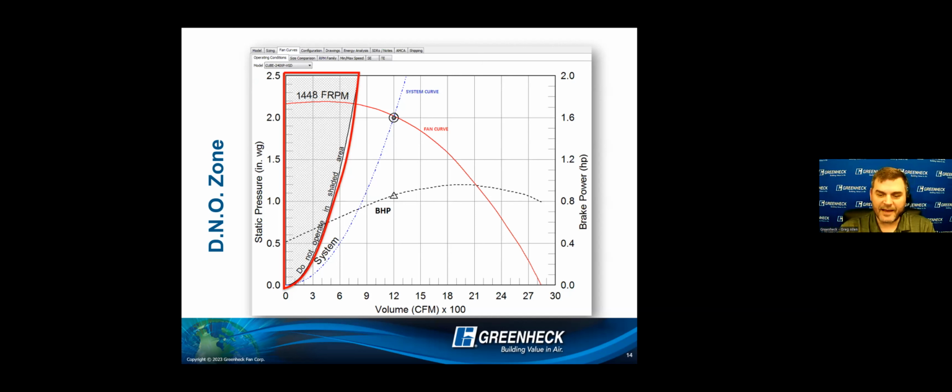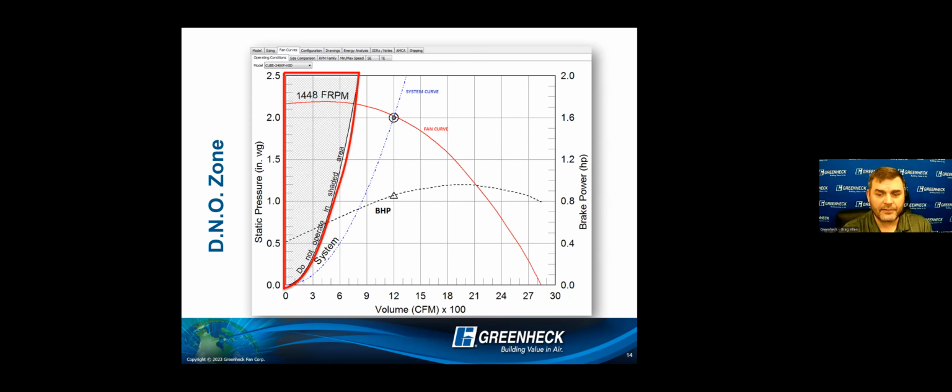You can get effects such as surge, stall, hunting, all of these different bad things can happen. Some of them go from annoying or just not quite the performance you expect to actually breaking down the fan, wearing the bearings out. A great sound effect. Not if you're in the building, but cool from an engineer's point of view.